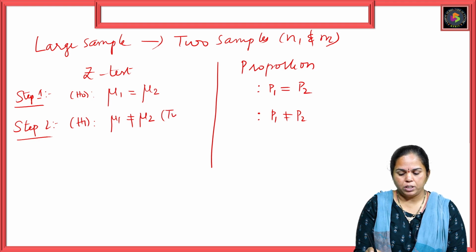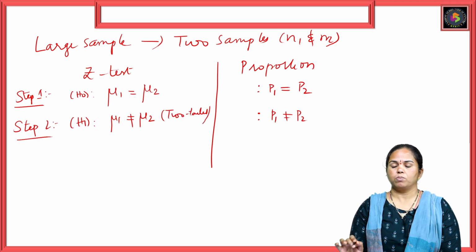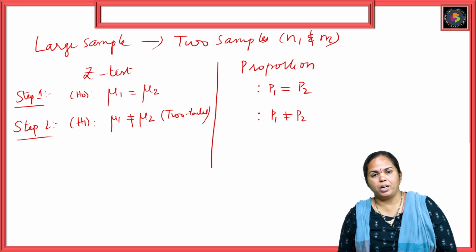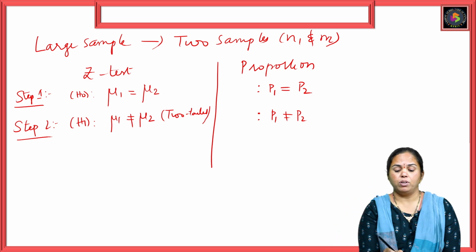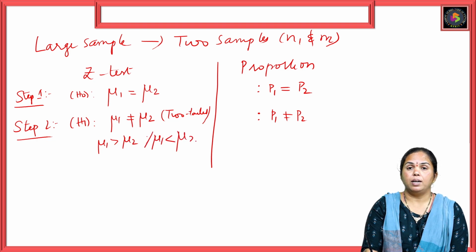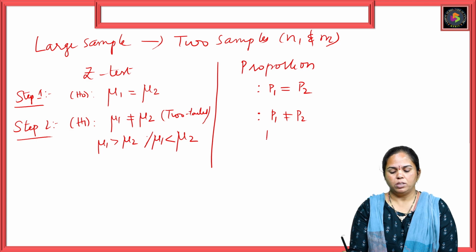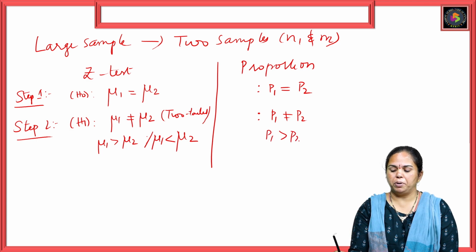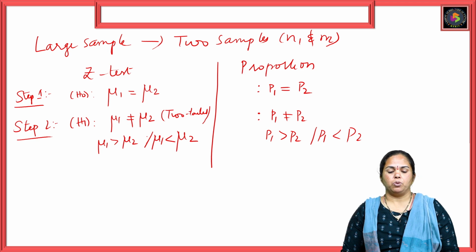That is a two-tailed test. In some rare cases we get mu1 greater than mu2 or mu1 less than mu2, and similarly P1 greater than P2 or P1 less than P2.